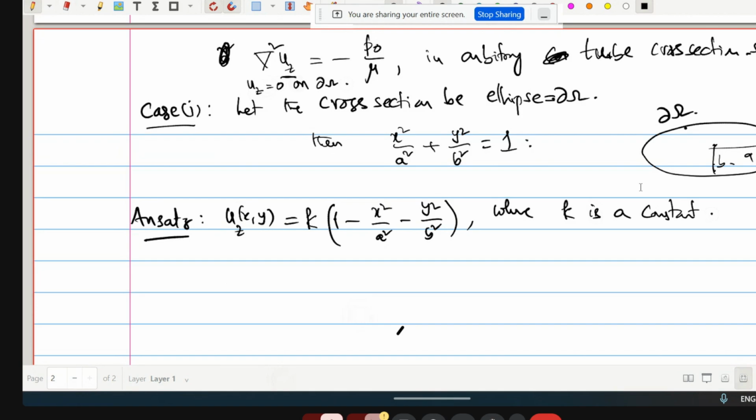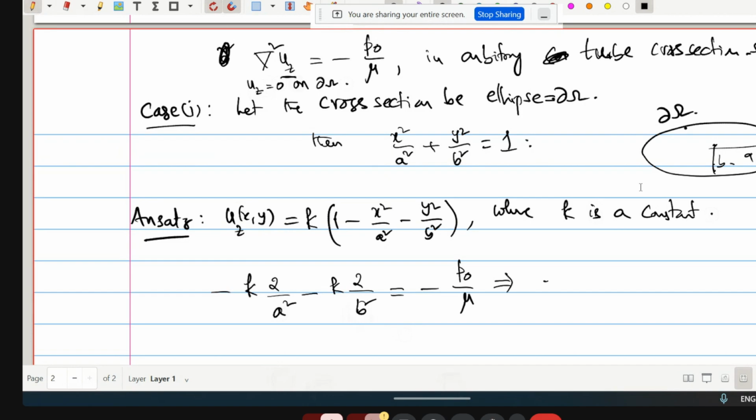Then you substitute into the equation. What happens? k times, with respect to x, if you differentiate twice, I will get minus 2 by a square. Similarly, you have minus 2 by b square. I differentiated twice this equation, del square u_z equal to minus p0 by mu. P0 by mu is anyway a constant, right?